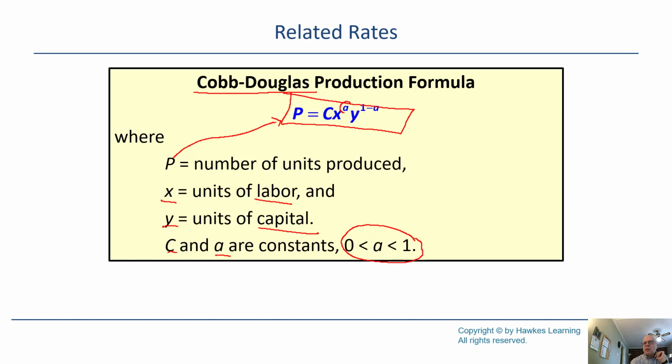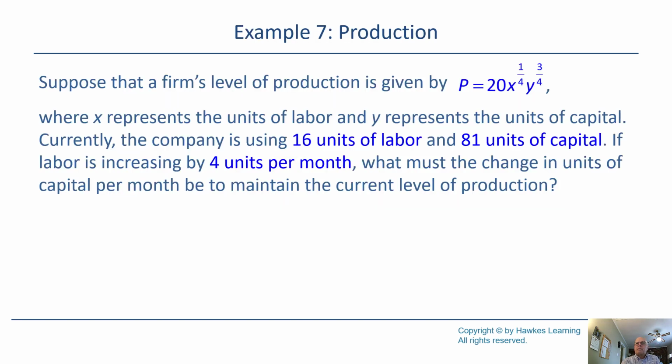It makes sense because this is 1 minus A, and those two exponents together, if we added them together, would give us 1. So I'm sure there's some significance to that. And the C is just some constant, probably for the particular application we're interested in. So here we go. Here's our basic equation.